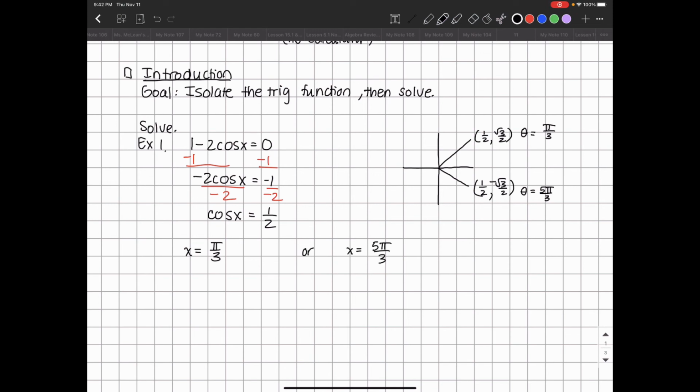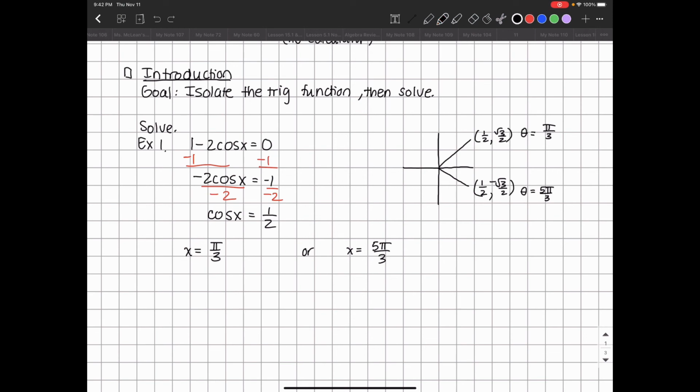Now, what I need to include in my answer is all the coterminal angles, so all the angles that are coterminal to this angle here and this angle here. The way I find coterminal angles is I add 2 pi.